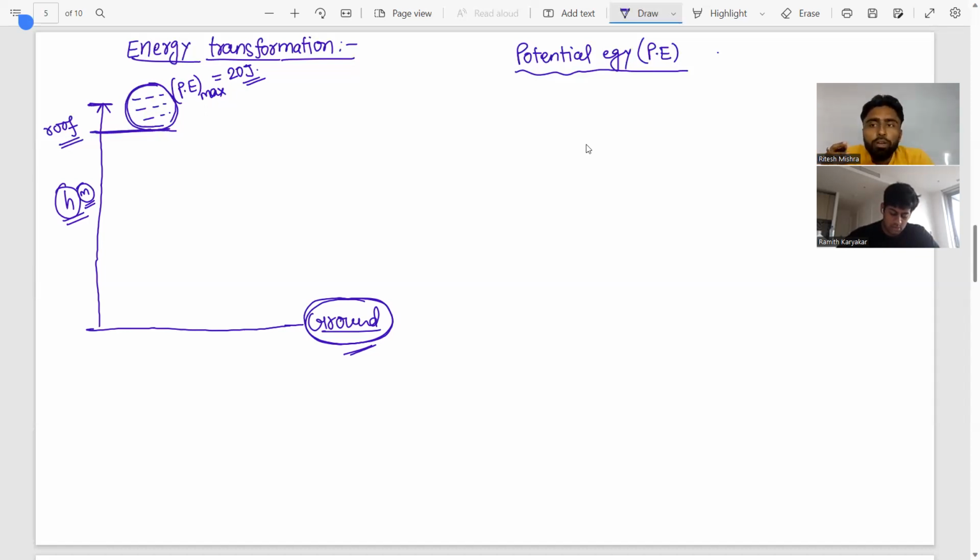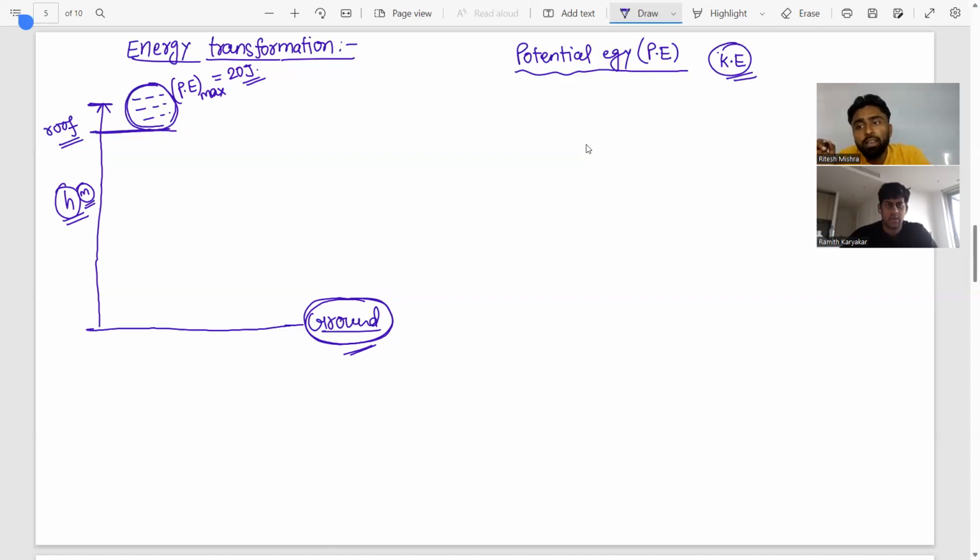Now tell me, what is the kinetic energy of this body at this position? Zero. Kinetic energy is associated with a moving object.